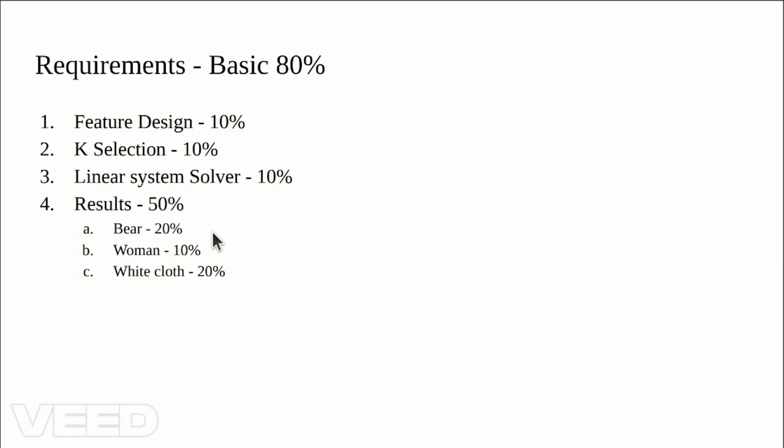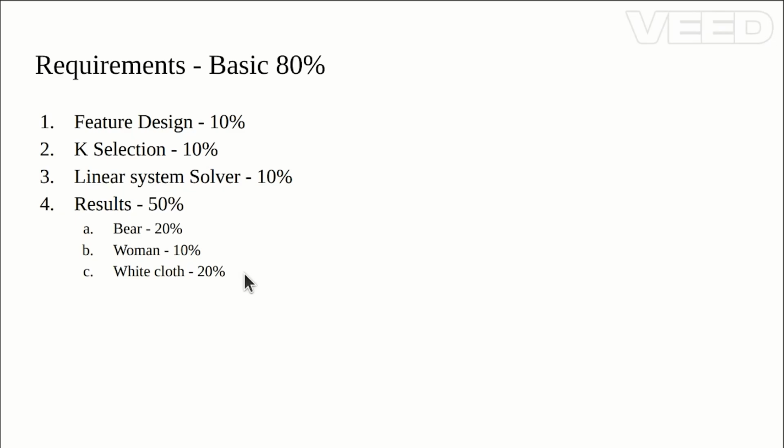The easiest one is bear. You have a clear background and a clear foreground and clear edges, so you can easily separate. A little bit harder one is woman, because she has very fine hair, so you need to separate it. The pixels are so small, so it's hard to separate.